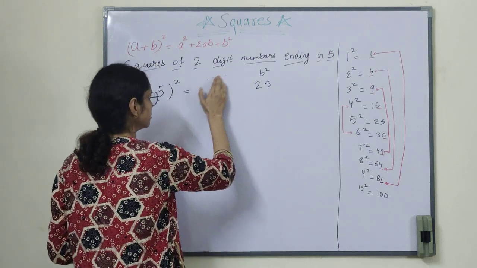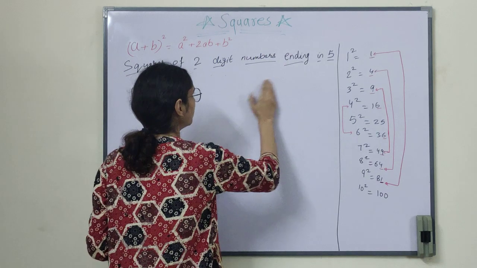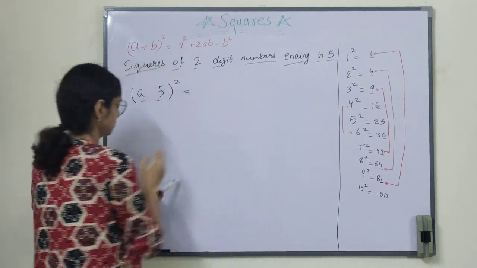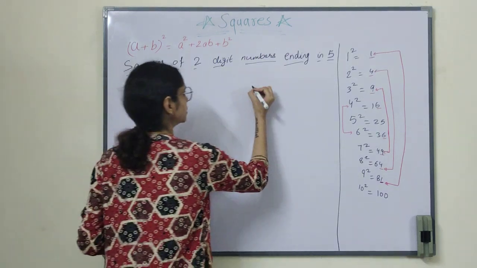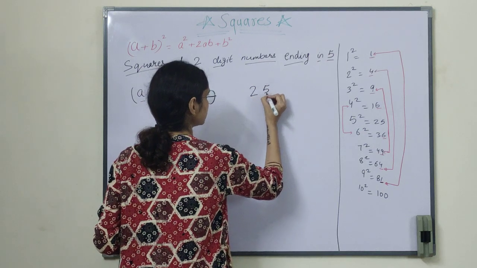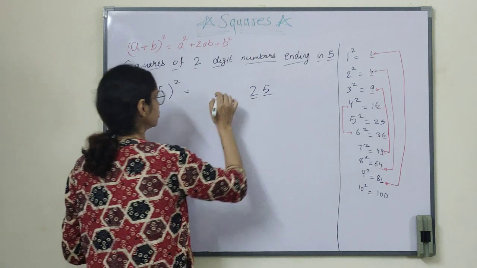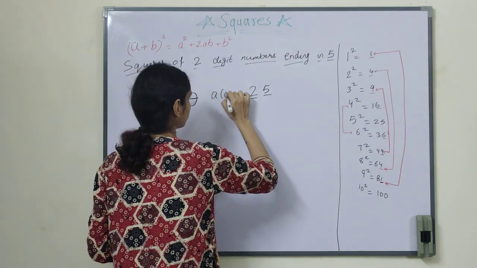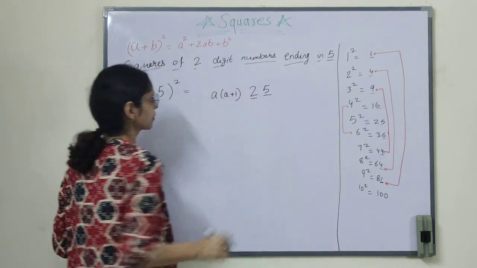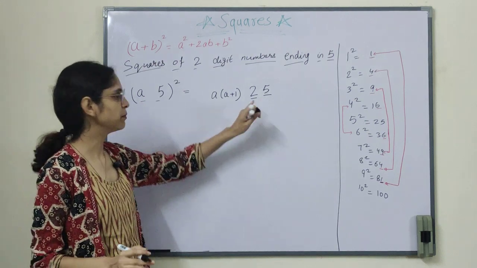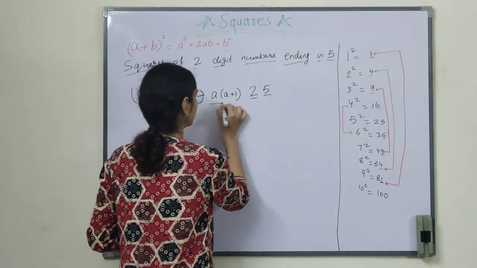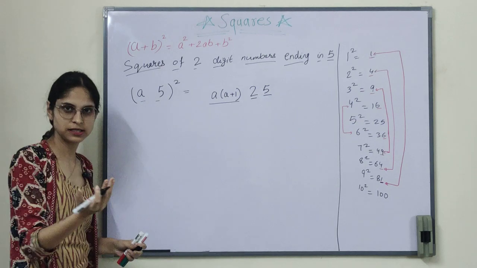This is also a method, but just write 25 as the last 2 digits. And for the digits before that, just multiply a with a plus 1. Multiply a with a plus 1, that is going to be your further digits.